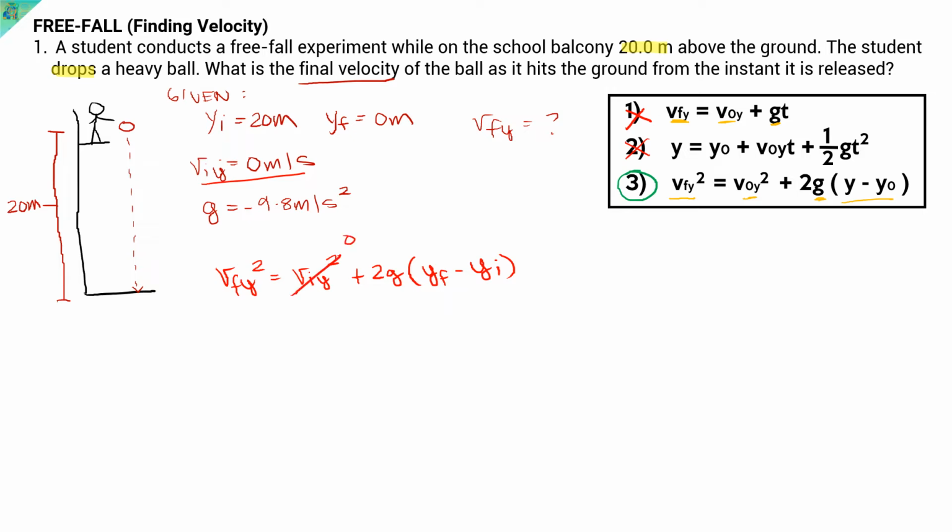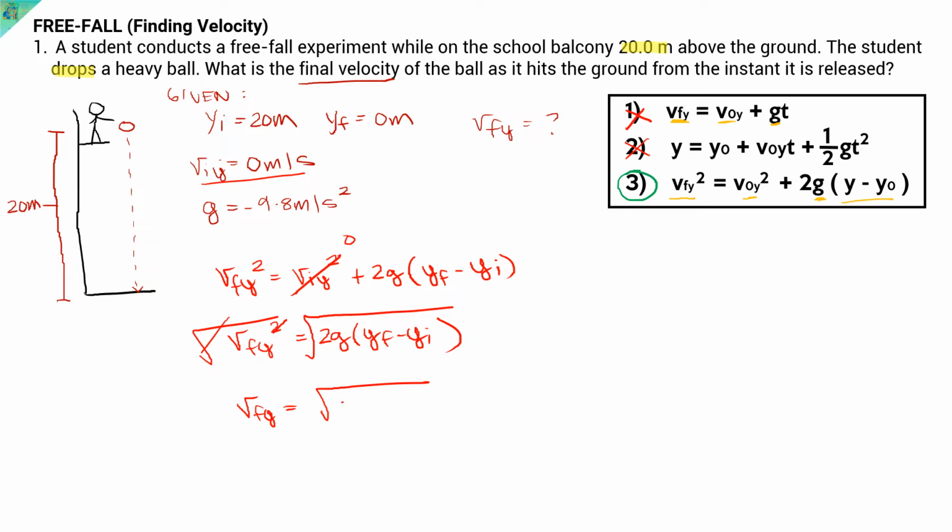So we can remove it. And that would give us vfy squared is equal to 2g times yf minus yi. Removing the square here, I'm going to square root both sides. Cancel, cancel. Then my formula will now be vfy is equal to the square root of 2g times yf minus yi.